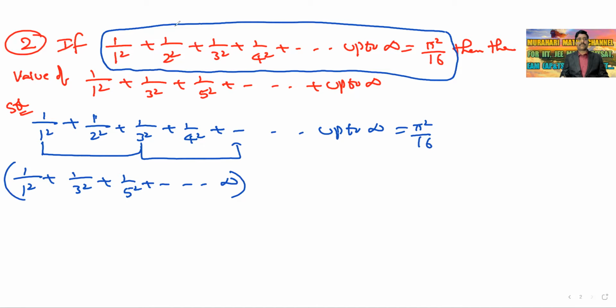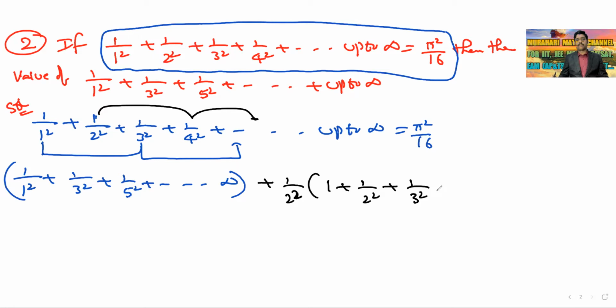Plus in the remaining terms, take 1 by 2 square out common: 1 by 2 square times 1 plus 1 by 2 square plus 1 by 3 square plus and so on equal to pi square by 16. So this is the required.